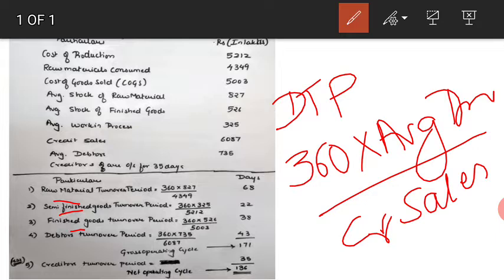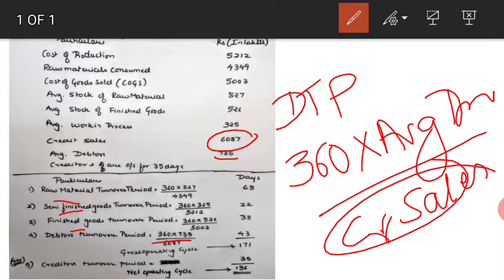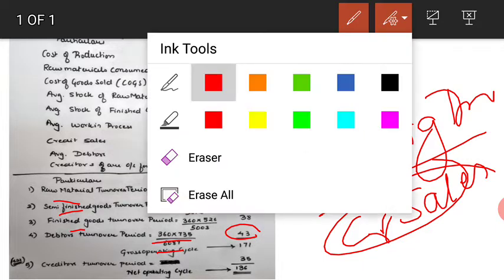So 360 into average debtors is also been given to us, which is 735 lakhs. So 360 into 735 divided by credit sales. So credit sales is also given, that is 6087 lakhs. So 360 into 735 divided by 6087 gives you 43 days. So the debtors turnover period is 43 days.